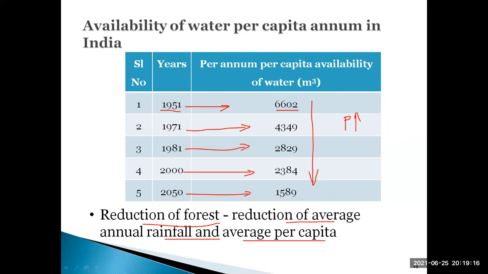The reduction of forest is one of the major reasons for this decrease. Obviously, if the forest reduces, the rainfall is going to reduce, which in turn reduces the per capita availability.